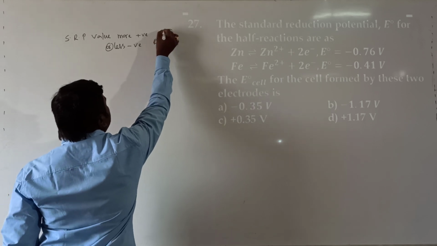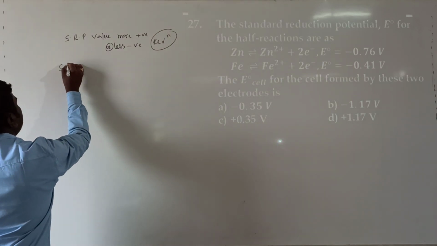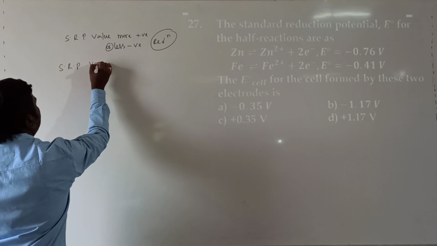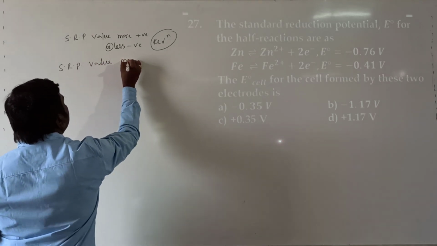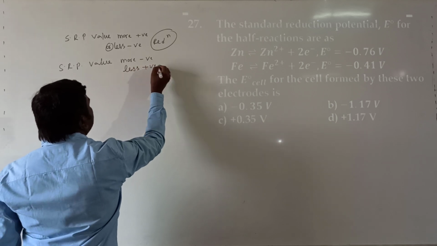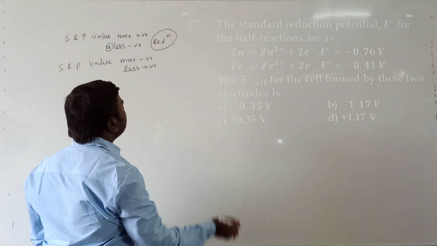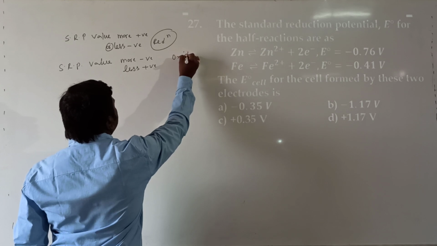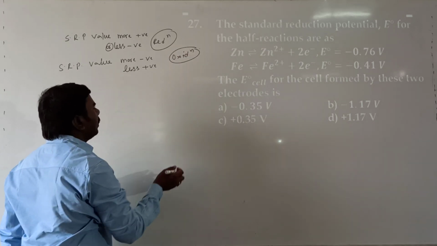Remember, reduction is reduction. An SRP value that is relatively more negative, or less positive, means a lower value, and that corresponds to oxidation, as you know.